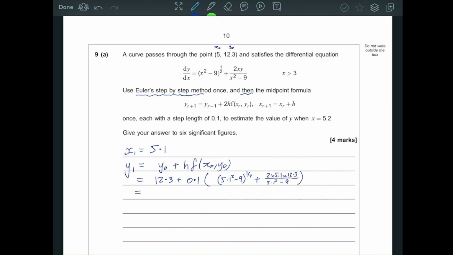Really unpleasant, but we do have to write it out in full, show the examiner that we do indeed know what we're talking about. We're going to have to type this very carefully into our calculators.